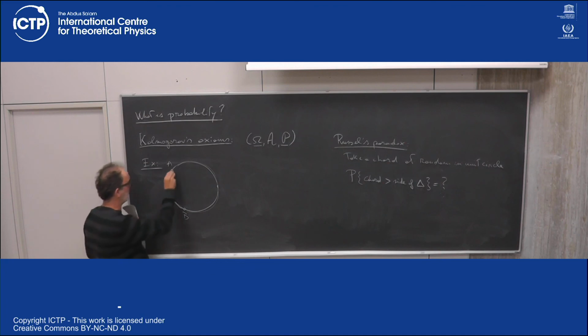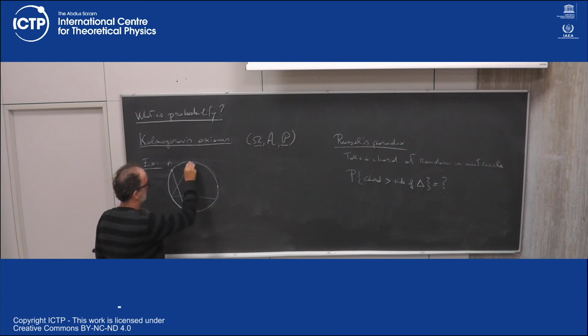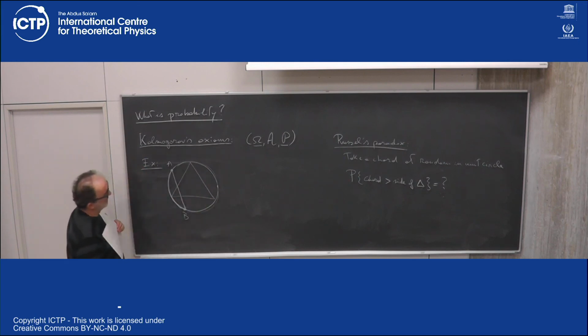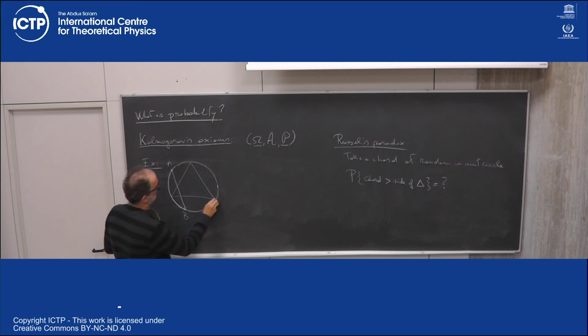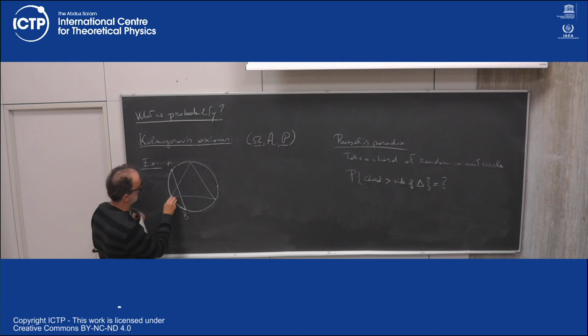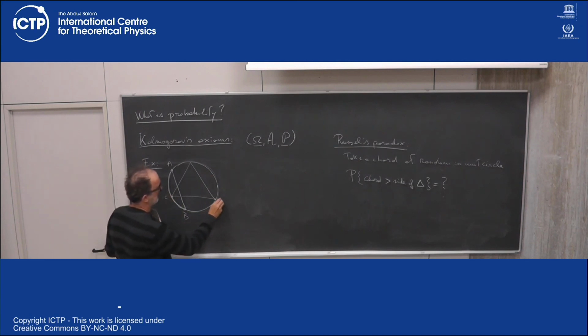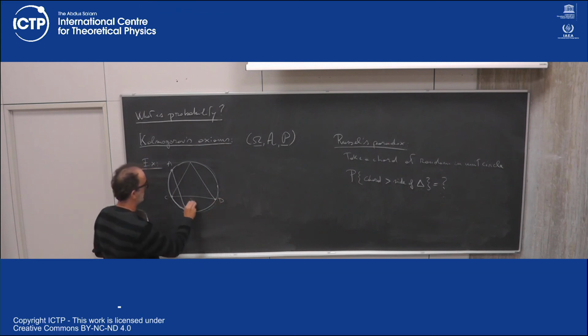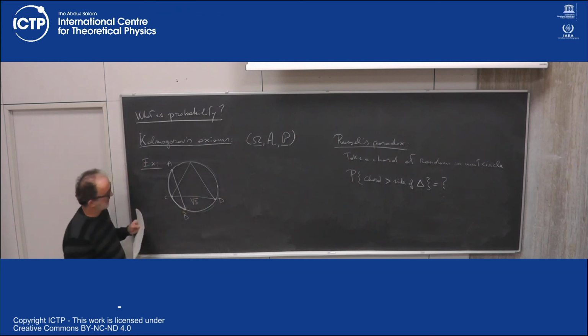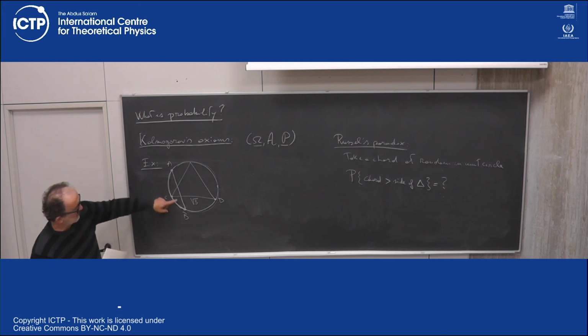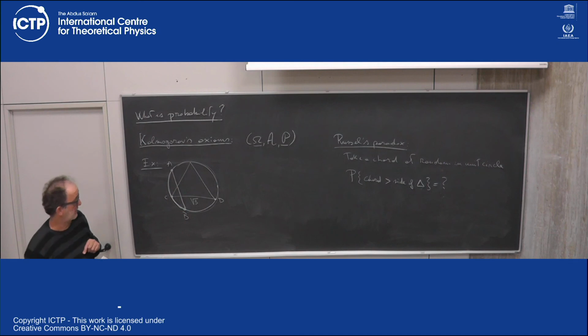So there is a chord, let's call it AB, and then there is the equilateral triangle inscribed in this circle. So this is a circle of radius 1. So we know that this chord, let's call it CD, this side of the triangle, the length is square root 3. So we want to understand what is the probability that this chord is larger than square root 3.